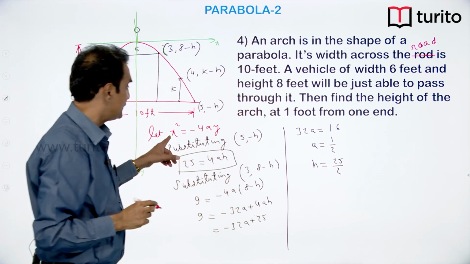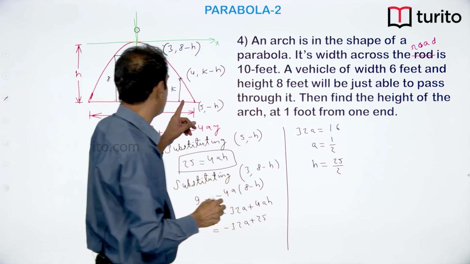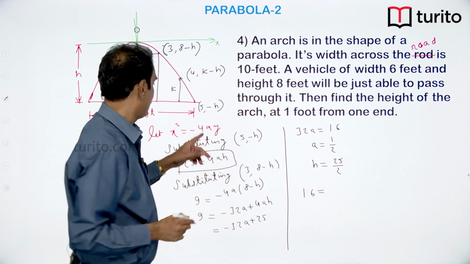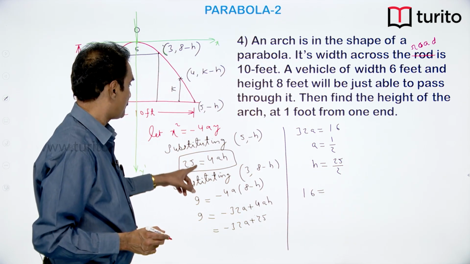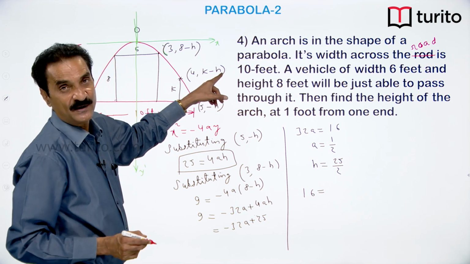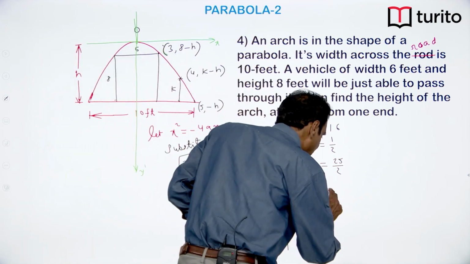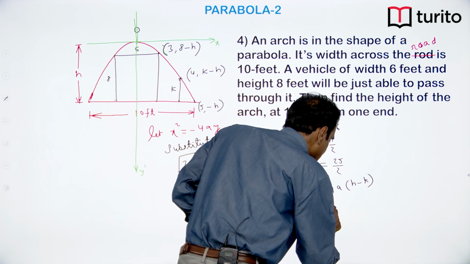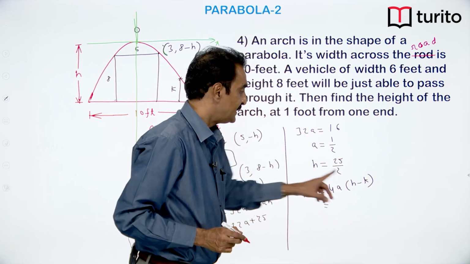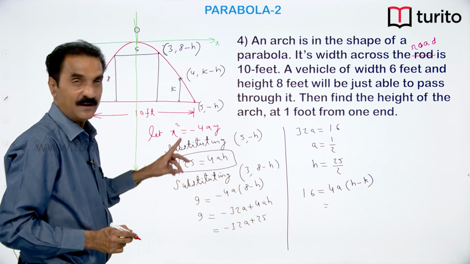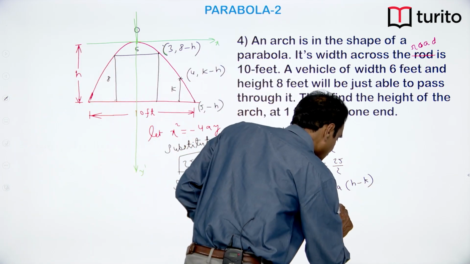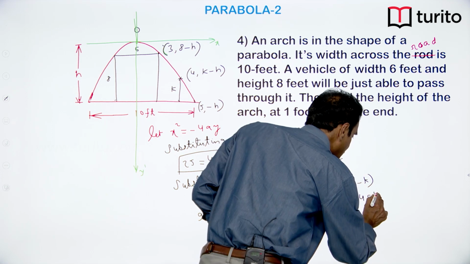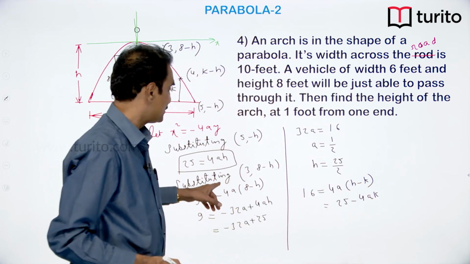Substituting this point in the equation x square is equal to minus 4ah, x square is 16 is equal to minus 4a into k minus h, which is 4a into h minus k. 4ah is how much? 25, minus 4a into k, substituting a is equal to 1 by 2.